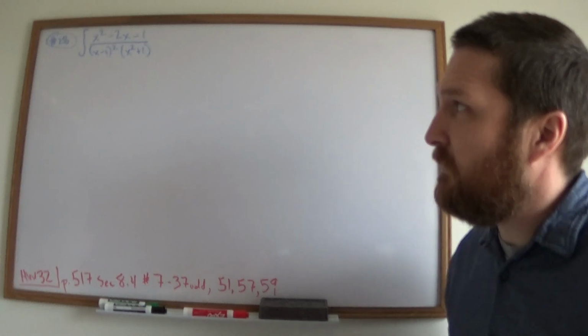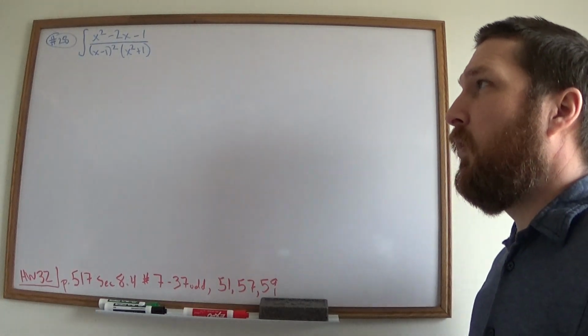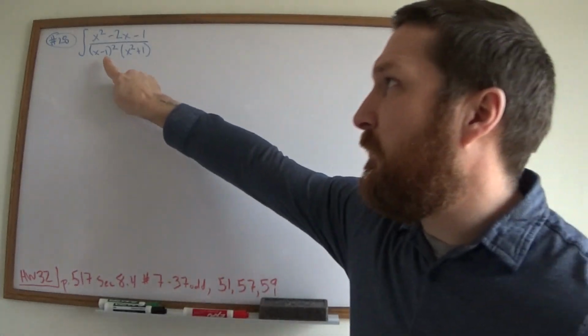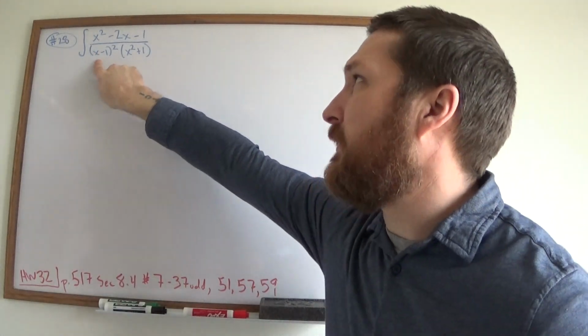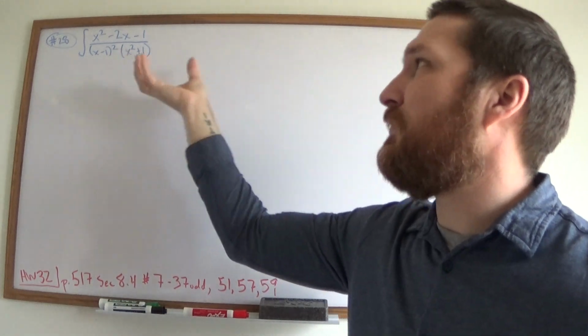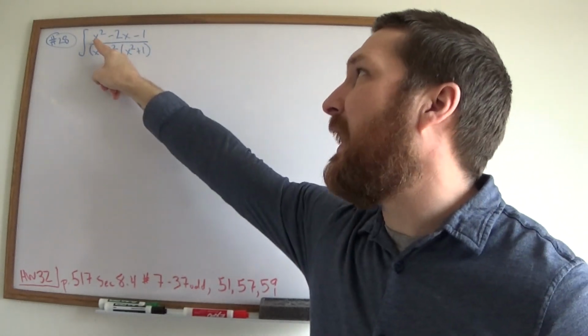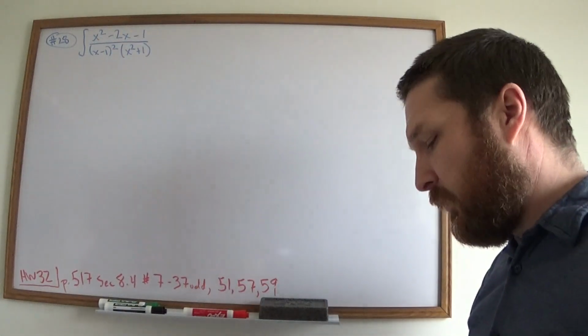First off, is the top the derivative of the bottom? Real quick, when I multiply that out, I get x to the 4th on the bottom, and the top has an x squared. Take the derivative of something to the 4th, you don't get that. So no, we don't need to worry about that.